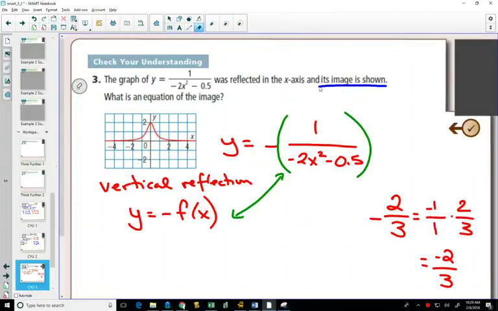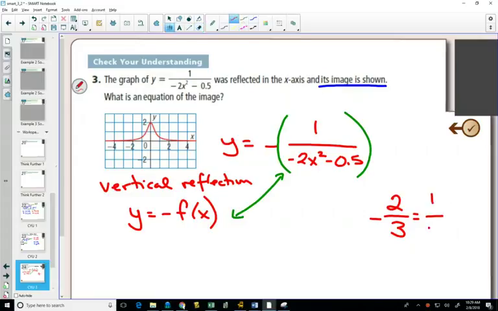I could also write that negative 1 as a negative 1 on the bottom. And if I multiplied that by the 2/3, then I would get 2 over negative 3. Different ways of writing it. In this case in particular, I think there's one that's nicer than the other. If I was going to put this negative into the fraction, can you see why it might be nice to put it in the bottom of the fraction? It would get rid of a lot of negatives.